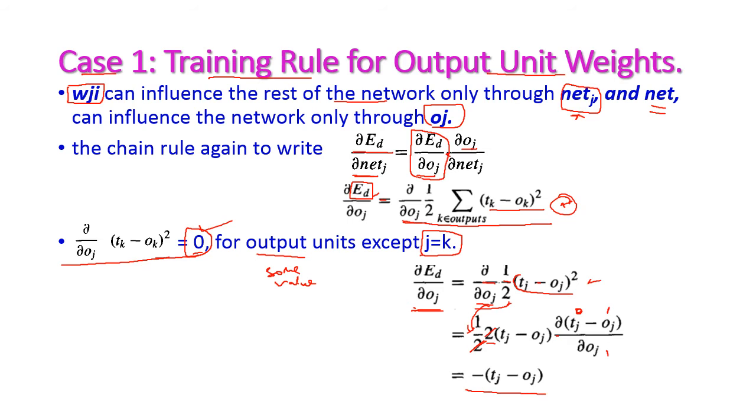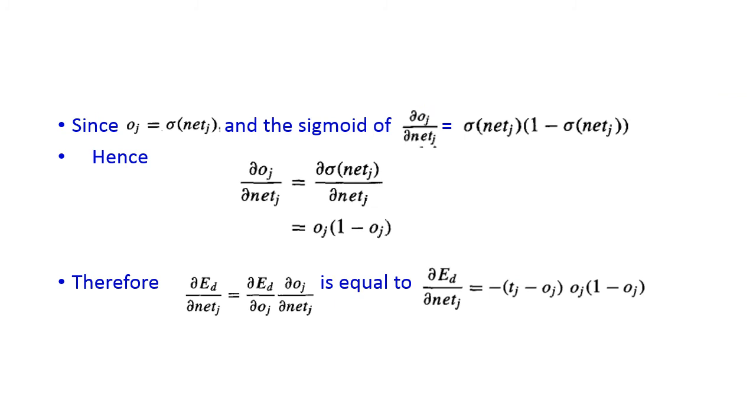Minus into minus, here plus is there, minus is there, and minus into plus is minus, so minus (Tj minus Oj). Since Oj is equal to sigmoid of net j, the differentiation of Oj divided by differentiation of net j is equal to sigmoid of net j into 1 minus sigmoid of net j, isn't it?